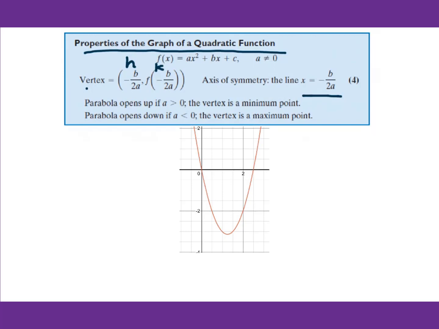When a is greater than 0, which means the parabola opens up, it will be like this. So you will have a minimum value. Then the range will be y greater than or equal to this k, because this minimum is (h, k).